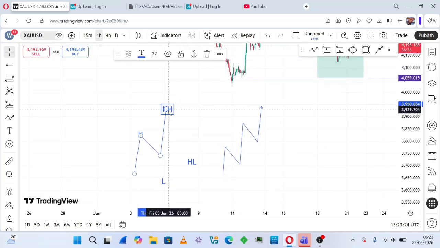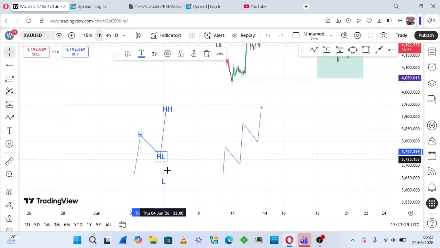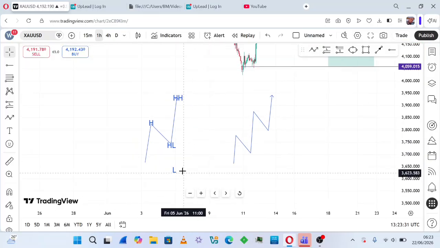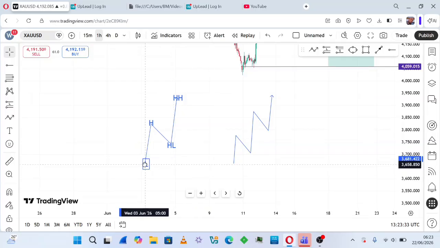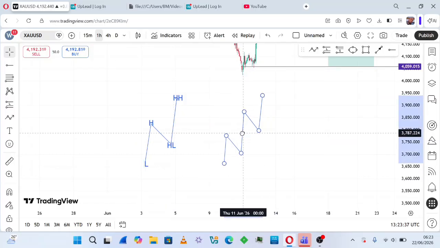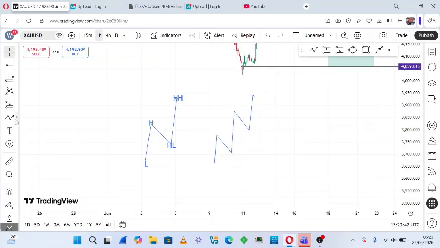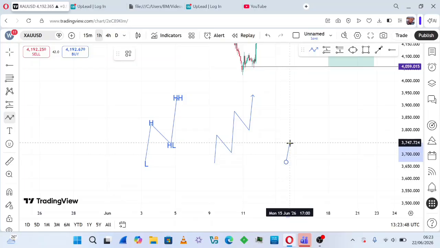I'm trying to explain this so that even if you're a newbie, you'll be able to understand it. Okay, this is the 4 hour time frame, and this is the 1 hour time frame, because those are the three time frames that I use.